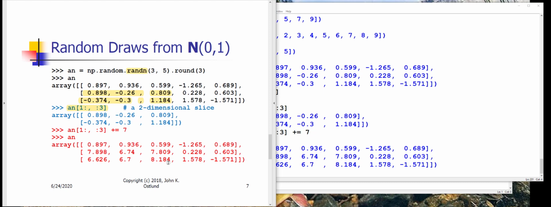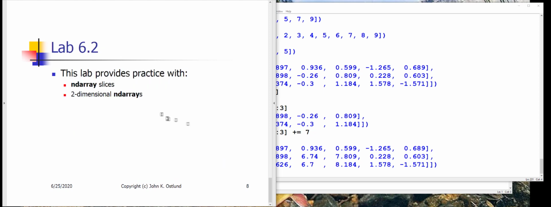You may only be interested in the data for April. And so by using slices, you can pluck out from that huge rectangular data set the subpart of the data that you care about. All right, so the lab for this material will give you some practice with slices and two-dimensional ND arrays.